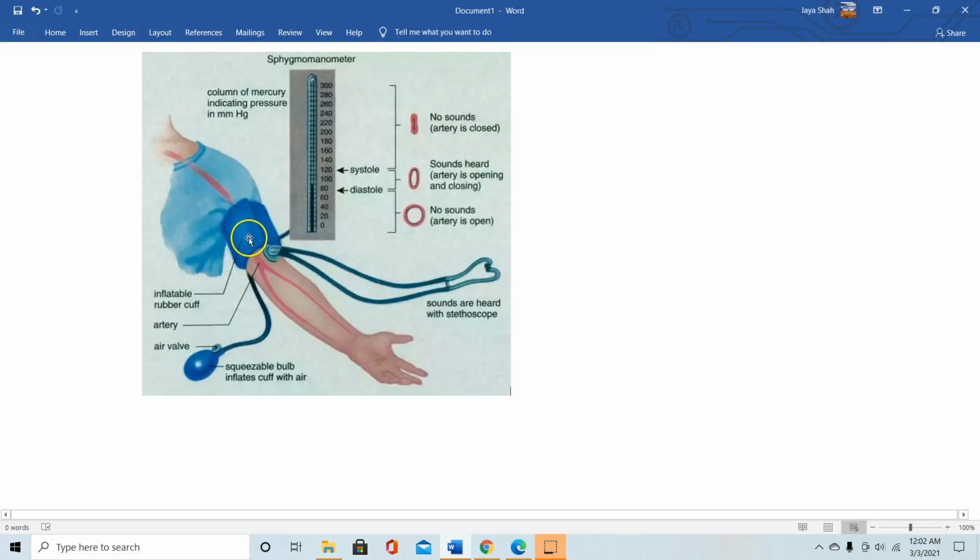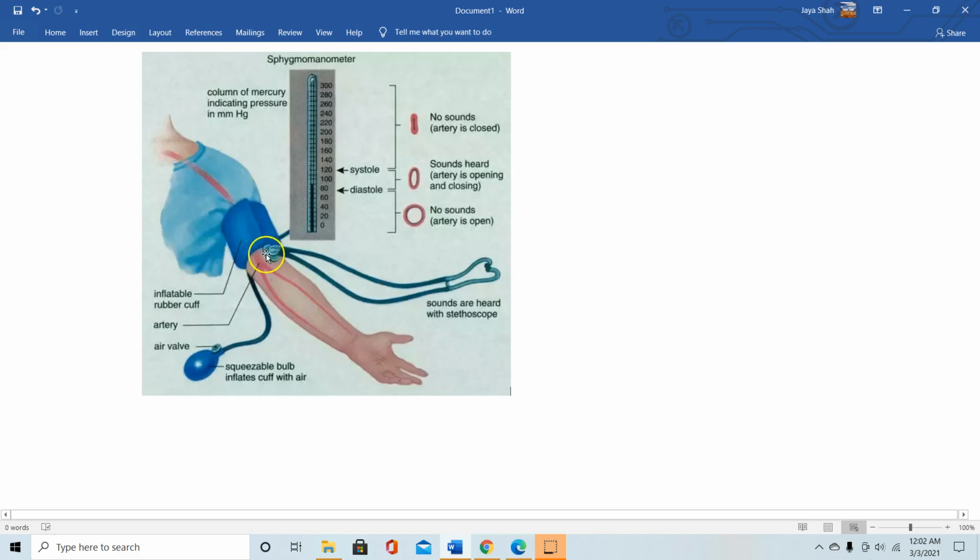So the brachial artery is blocked now, and you increase this pressure about 20 to 30 millimeters more than the expected normal pressure. The expected normal pressure is 120 by 80 millimeters of mercury in a normal individual. But if a patient has an expected pressure of around 160, in that case we inflate up to maybe 190, and then you start listening with the stethoscope.